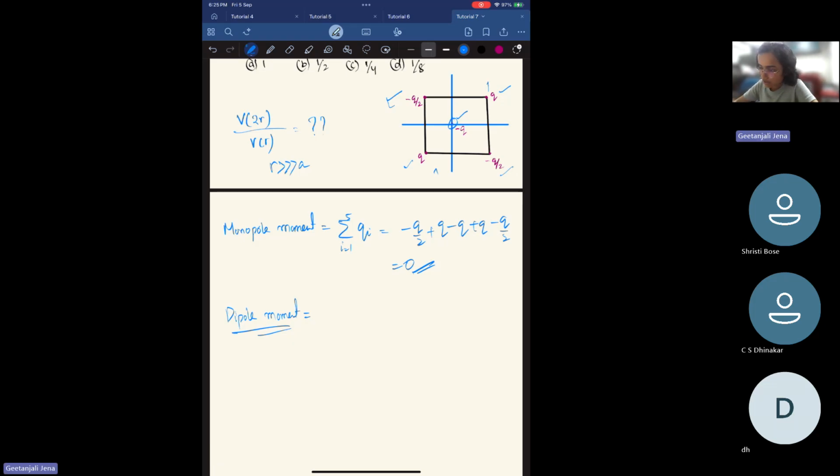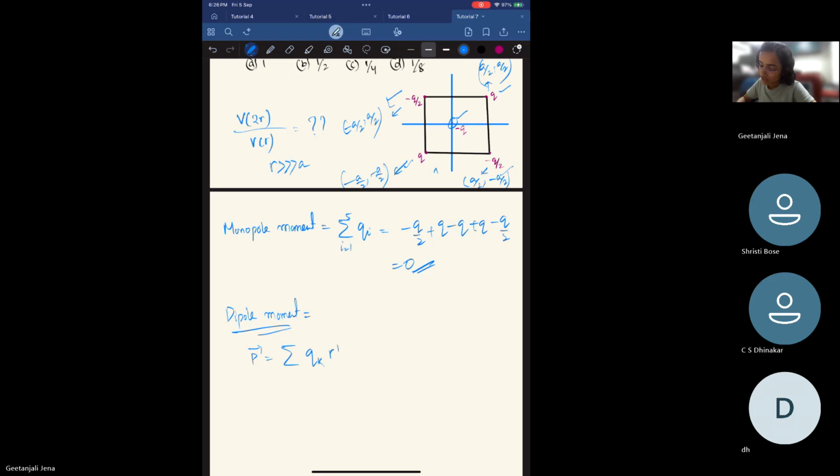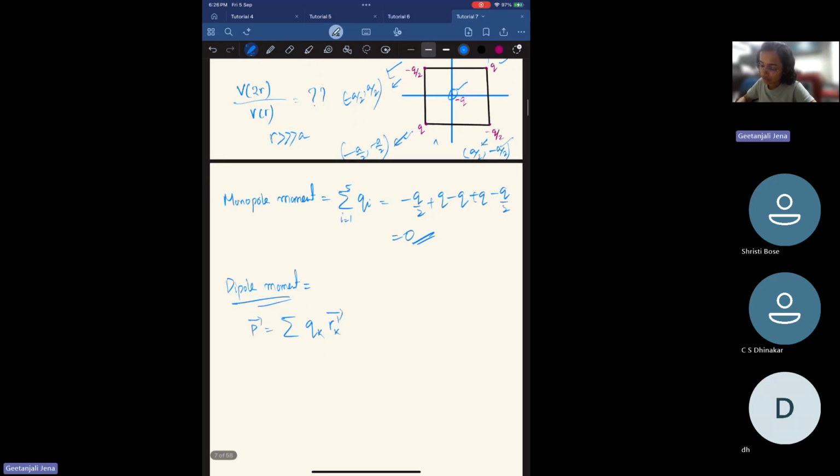Let us say this will be a by 2, a by 2, this is minus a by 2, a by 2, this will be minus a by 2, this is a by 2, minus a by 2. So p will be the summation of qk r prime k, right? For k from 1 to 5. For the fifth charge, it is at the origin, so it won't contribute.